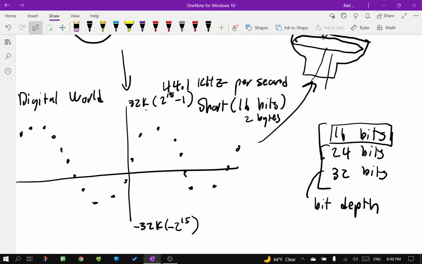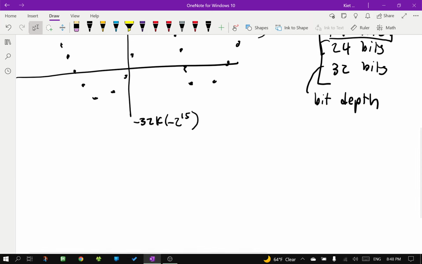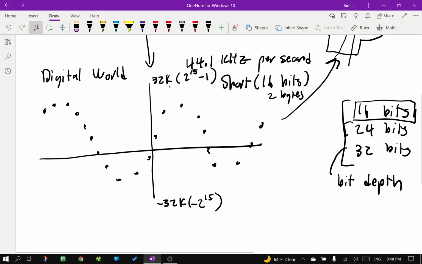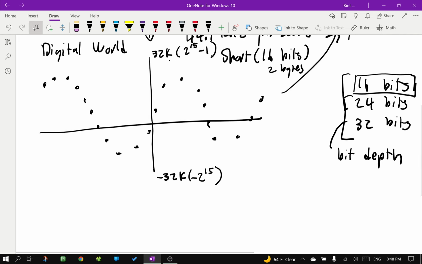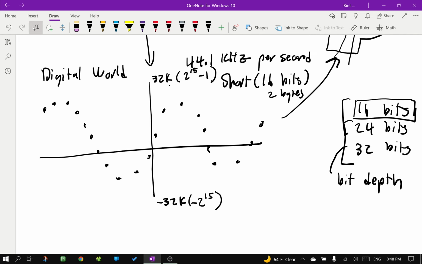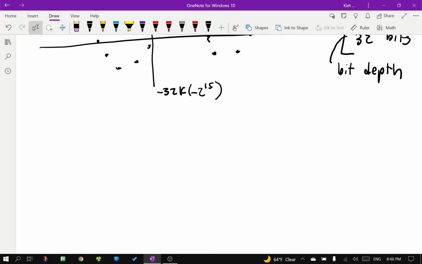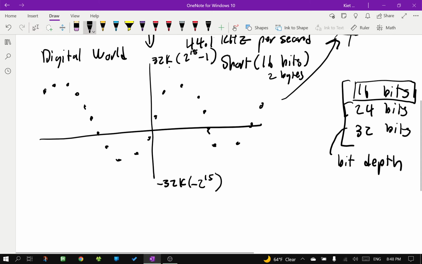Okay, so now that we know how audio waveforms are represented in the digital world, how exactly do we render it? If we were to actually render all 44,000 samples per second, it just wouldn't make sense, right?